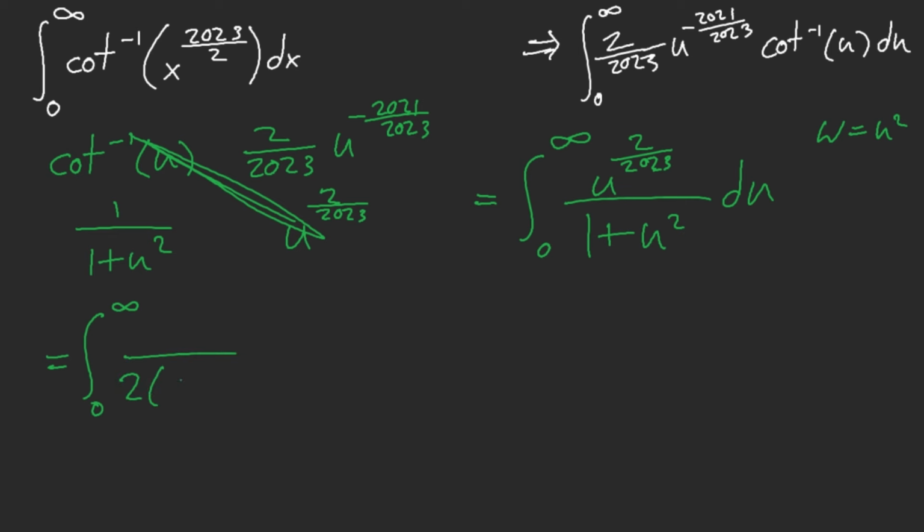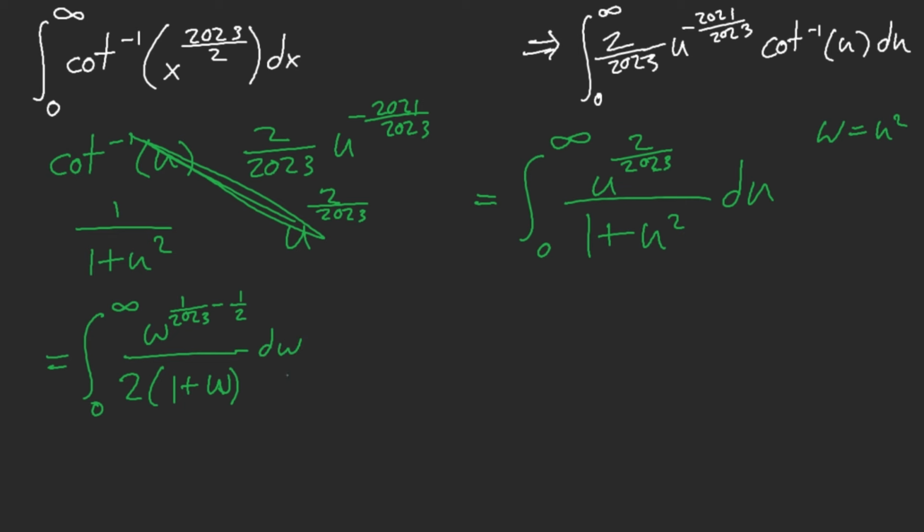So we have 1 plus w, and this is now w. This is going to be a half, so it would cancel out that 2 over 2023, as well as the root w at the bottom that we had from the forced u sub.